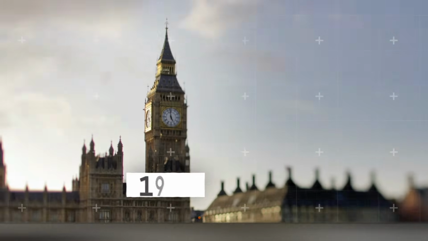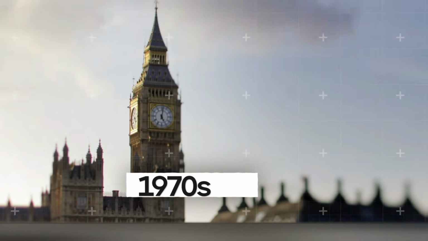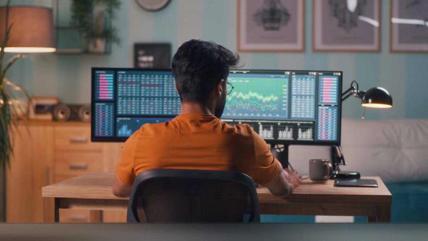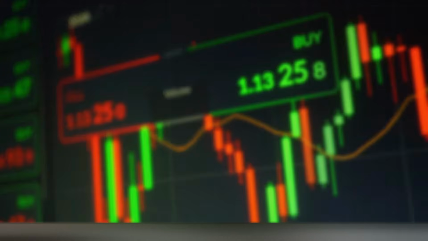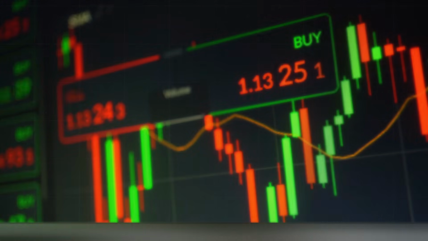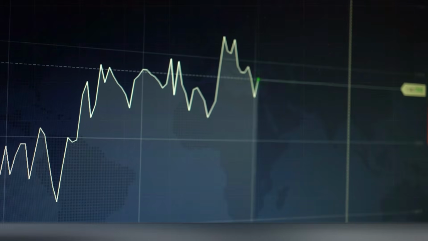Let's see together. Contracts for Difference appeared in Britain in the 1970s, but started to be widely used only in the 1990s. With the rise of online trading, CFDs have gained great popularity, and today many brokers, including IQ Option, offer this trading instrument.